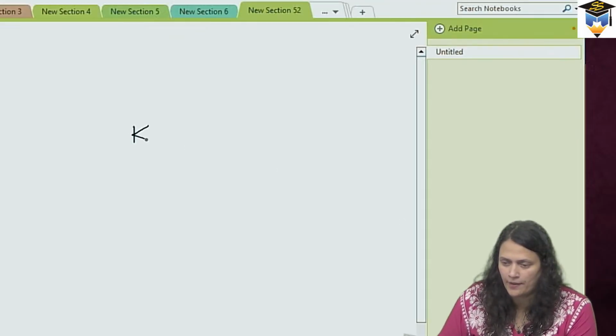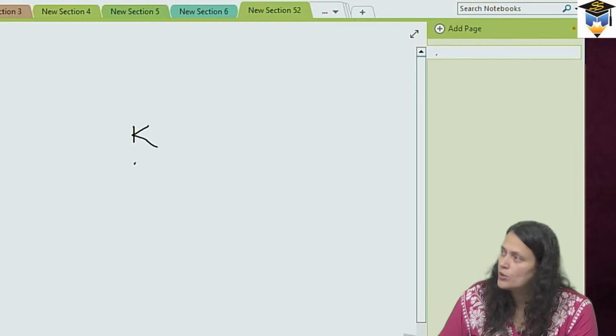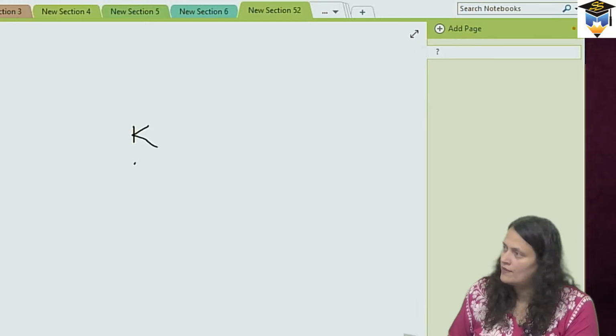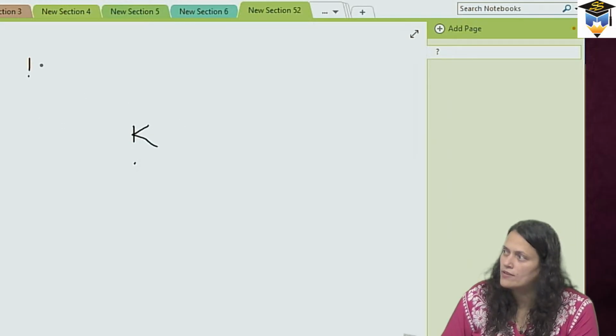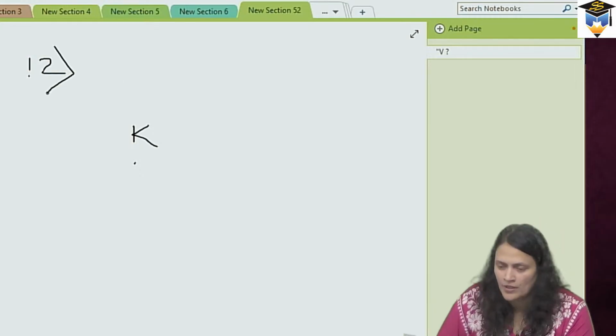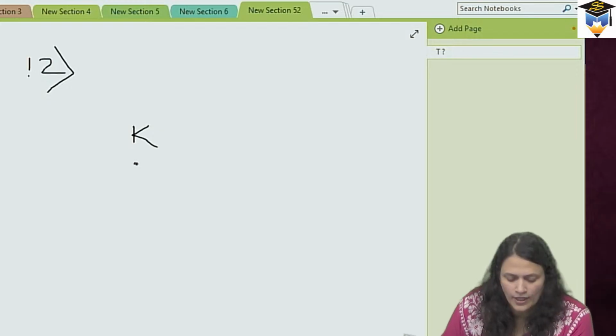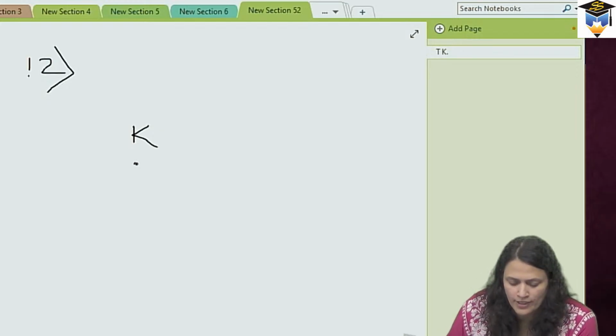This is our point K. This is the 12th sum which we are solving, 12th sum from exercise 10A. So this is our, let's say, K. Okay, from K which is 2 kilometers away in the northwest direction from the capital P.